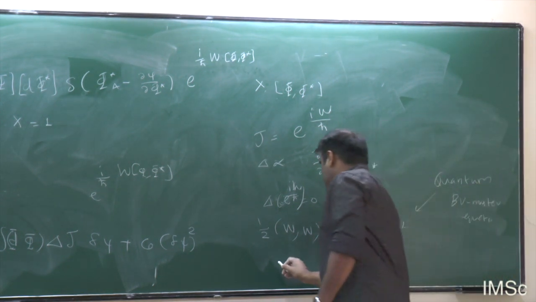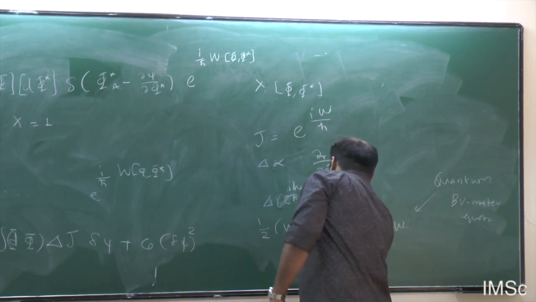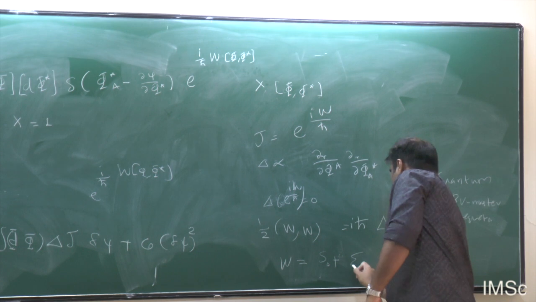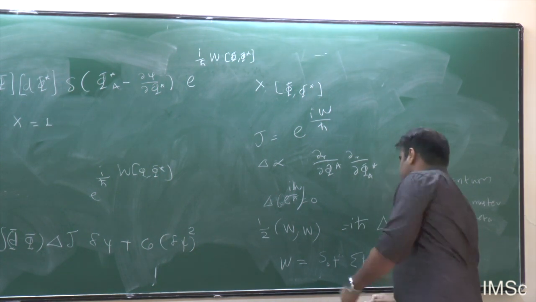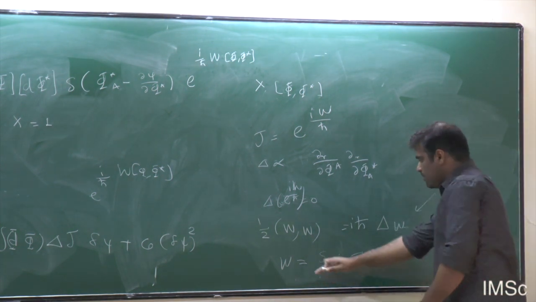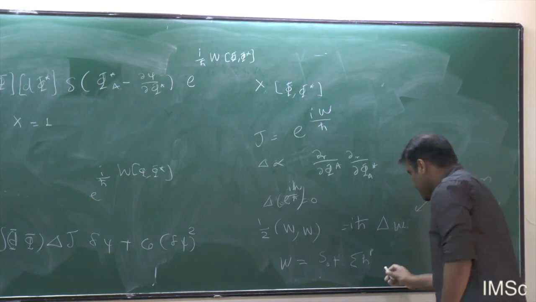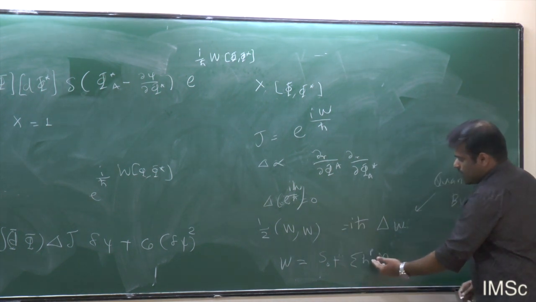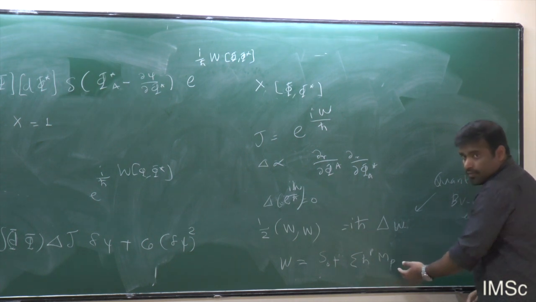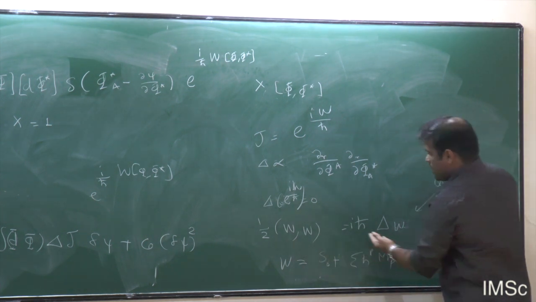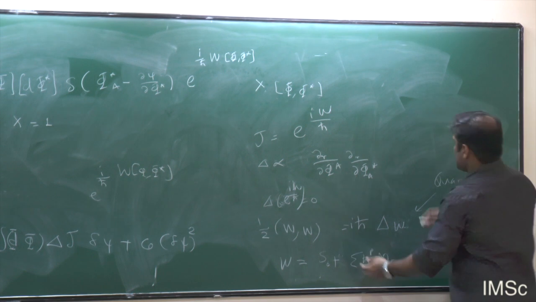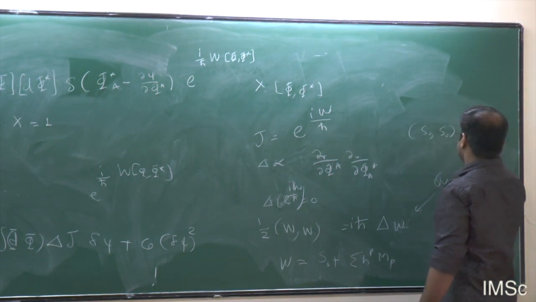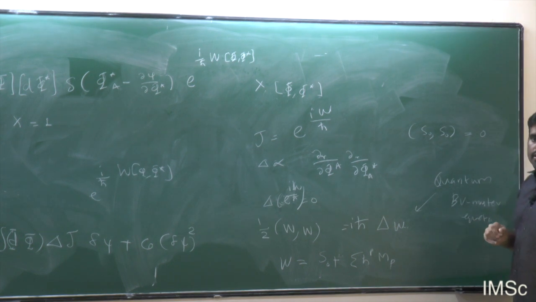This will give you this equation. Now, what you can do is write down an expansion for W. So you can propose an expansion in terms of h bar. The first term is say S0, and then some higher corrections in h bar. Put it back into this equation and check that S0 satisfies the classical BV master equation.